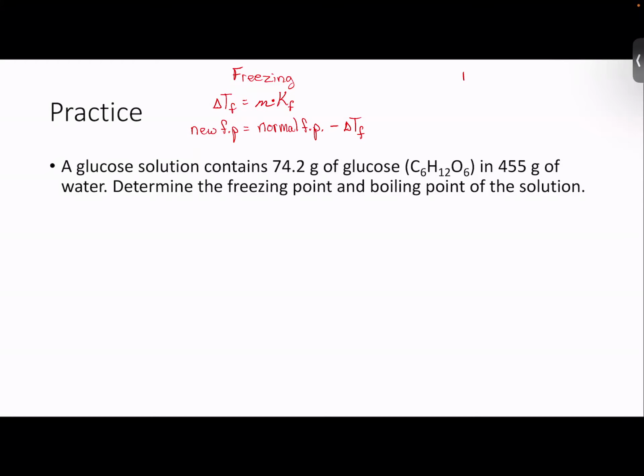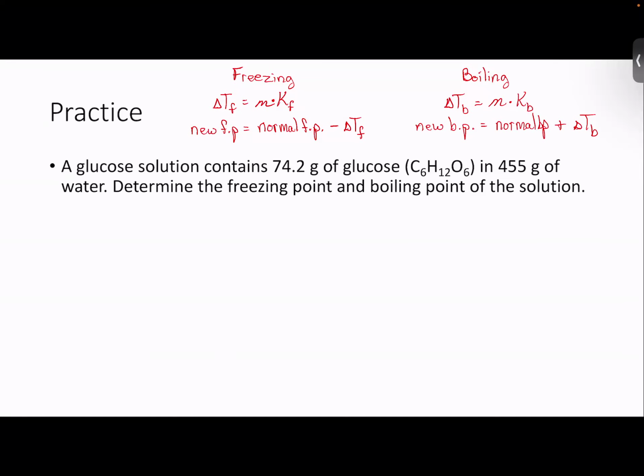Now for boiling, you're going to need to know that delta TB is equal to molality times Kb. But again, this doesn't ask for the change in boiling point. It asks for the boiling point. So the new boiling point is going to equal the normal boiling point plus delta TB.